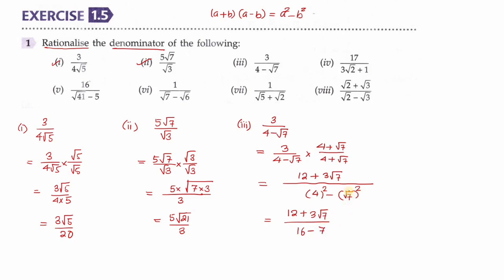The square root and square cancel, so you have only 7 left. What is the denominator equal to? 16 minus 7 is 9. It's better that we keep 3 common in the numerator because they will get cancelled. When 3 is common, you get 4 plus root 7. 3 ones are 3, 3 3s are 9. So your answer will be 4 plus root 7 upon 3. This is going to be your answer.